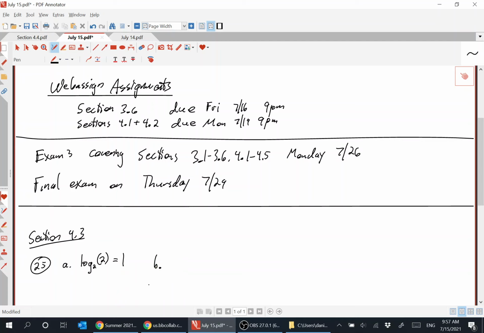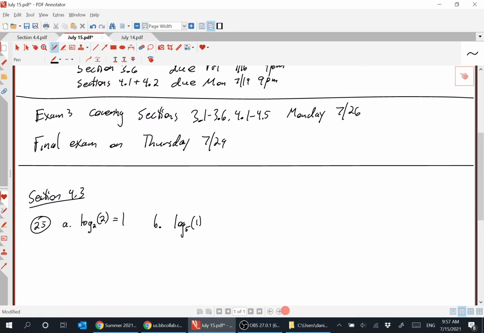B, log base 5 of 1. Well, the base is 5. 5 to which exponent is equal to 1? What number goes here?